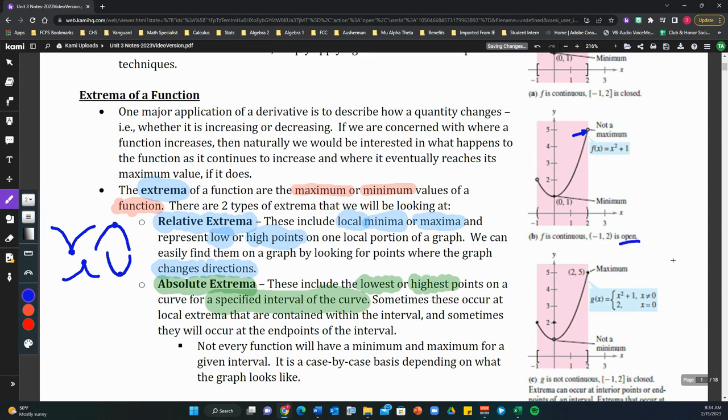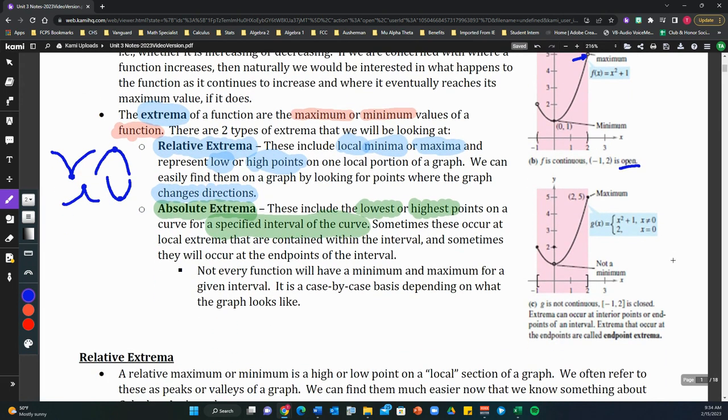So just another example. Then we have a case here where we have a closed interval. So we go back to the closed endpoints, but now the function may be defined as a piecewise function. This time we defined it to exclude the value of x equals 0 on the curve, but then we defined it elsewhere using this extra point. So where the minimum had been, now it's an actual open dot or a hole.